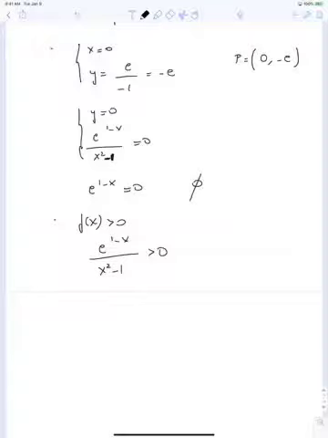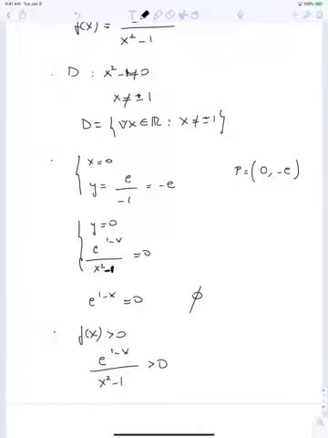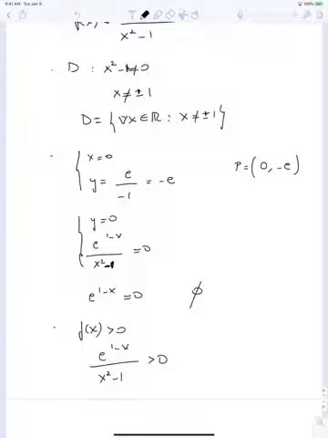What I said would be right if the function was defined in the entire set of real numbers. So if the domain of the function is R, and you don't find intersections with the x-axis, then the function is either positive or negative in the entire domain.